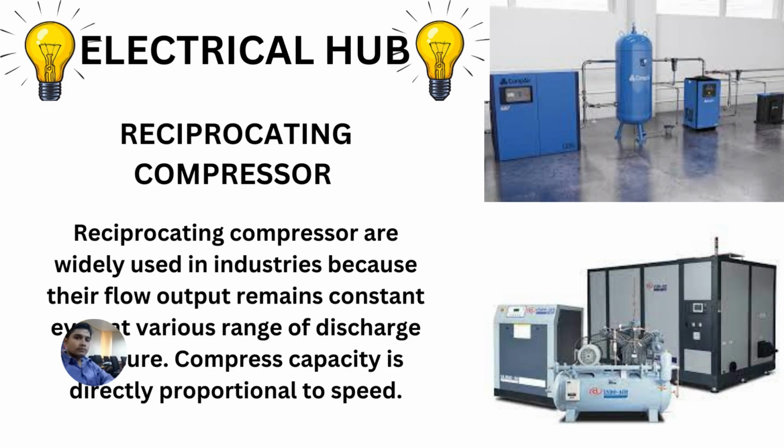Reciprocating compressors are widely used in the industry. Why? Because their flow output remains constant over a various range of discharge pressure. And secondly, the compressor capacity is also directly proportional to the speed. It is the most commonly used compressor in the industries.